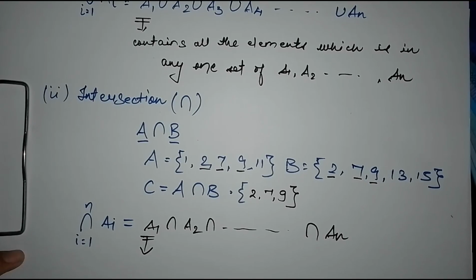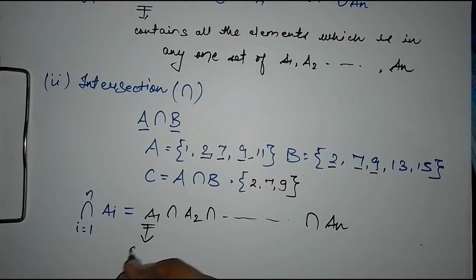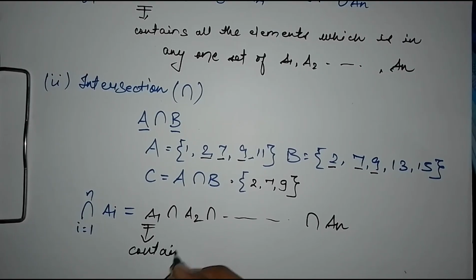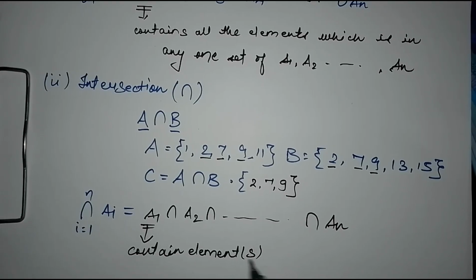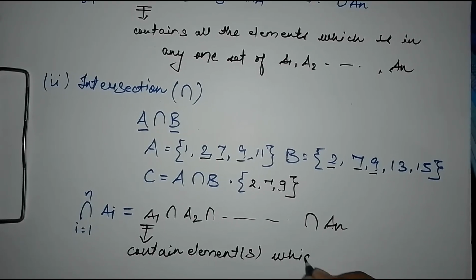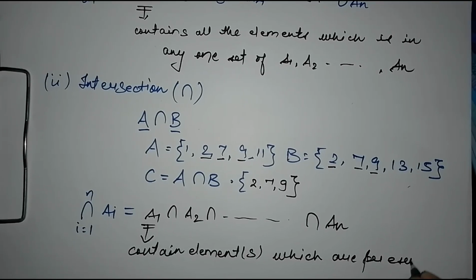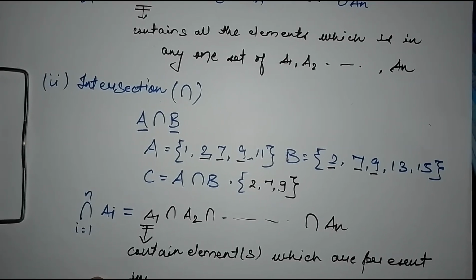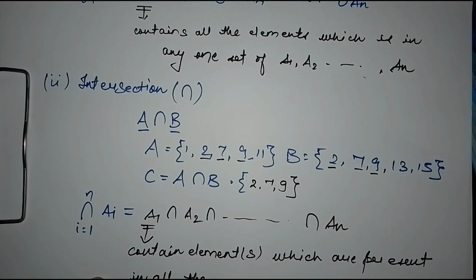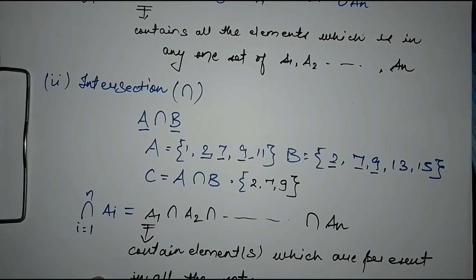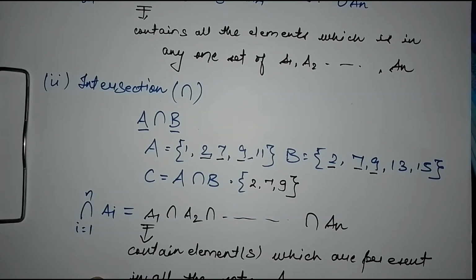The final set would contain the elements which are present in all the sets A1 to An.